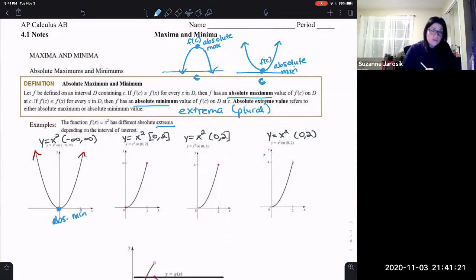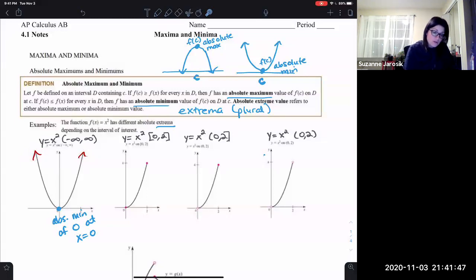And to be even more specific, it has an absolute minimum of 0 at x equals 0, because the y value itself is 0 and it's located at x equals 0. There's no absolute max to this, right? Because those arrows are pointing up.